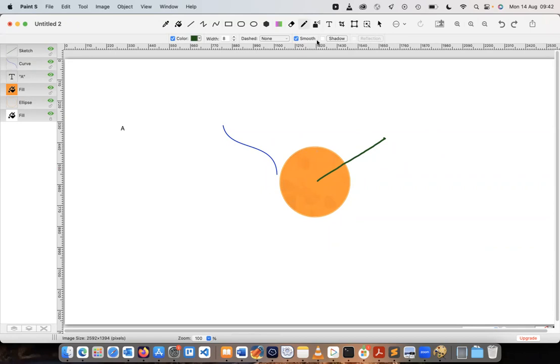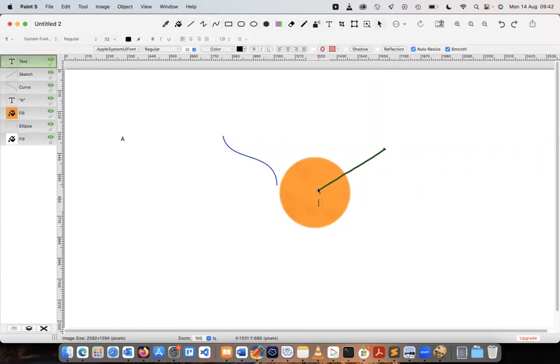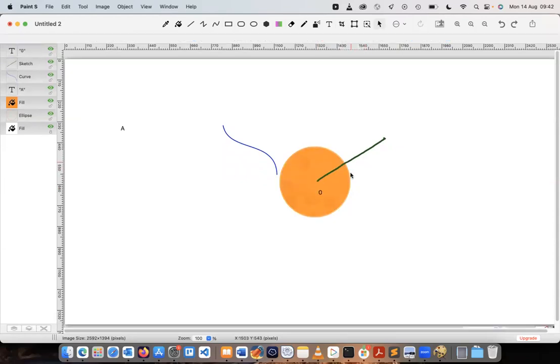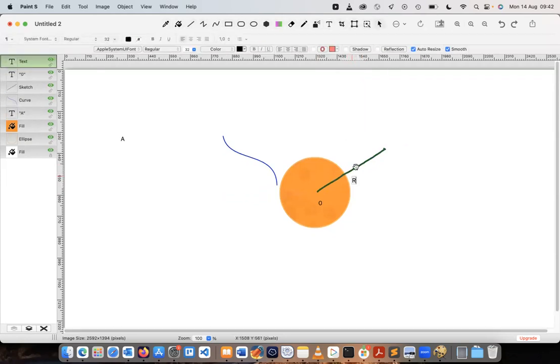So maybe let's do some labeling. We can call this radial position 0 here. This is radial position capital R. And we are writing a balance looking at some radial position lowercase r.